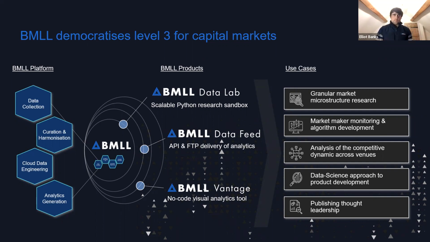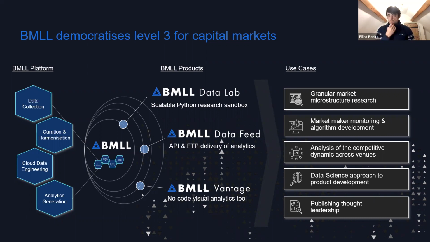handling, dealing with. Once we've normalized and harmonized that data, we store it in the cloud and then have a suite of products that allow users to come in, query that data either directly or look at different analytics to understand that.